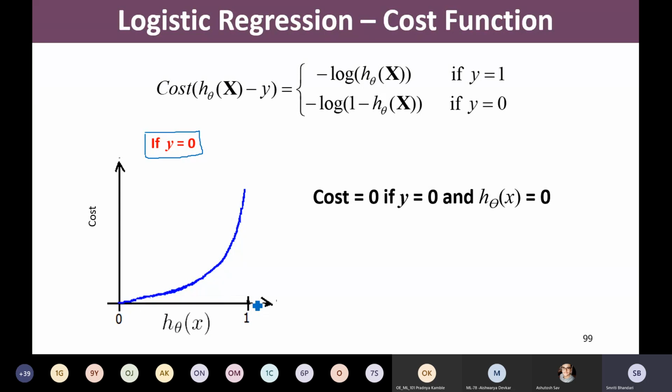And we get the maximum error, or infinite error, when h theta x approaches 1, the cost associated will tend to infinity. So this is how to interpret this cost function for y equal to 0.